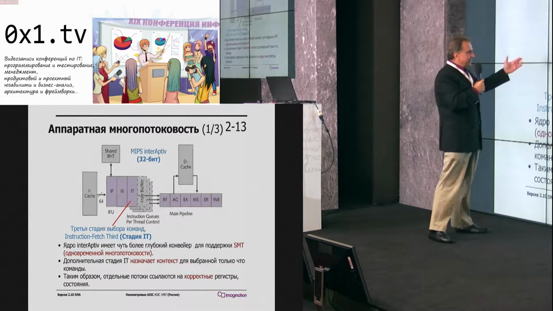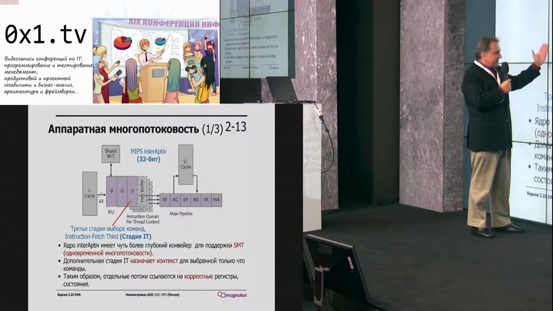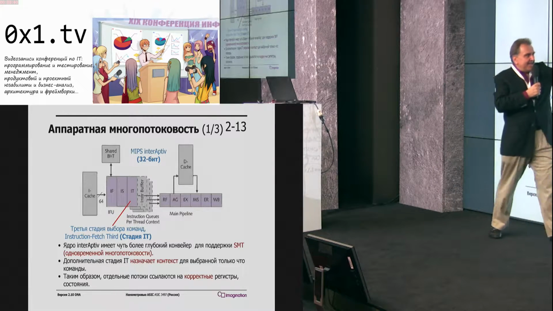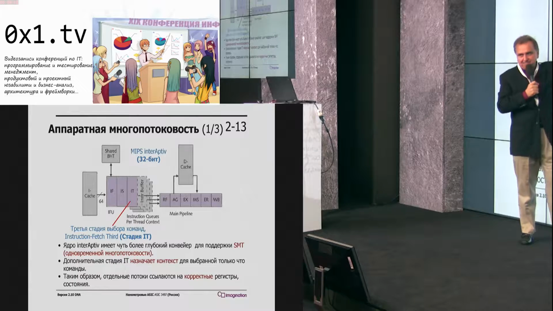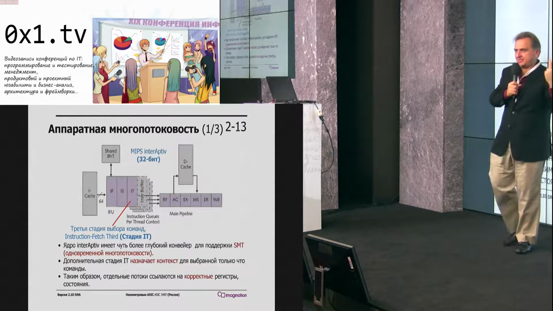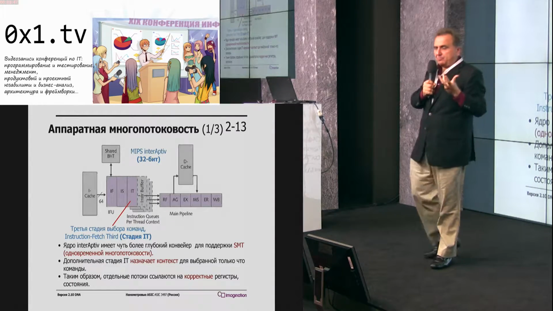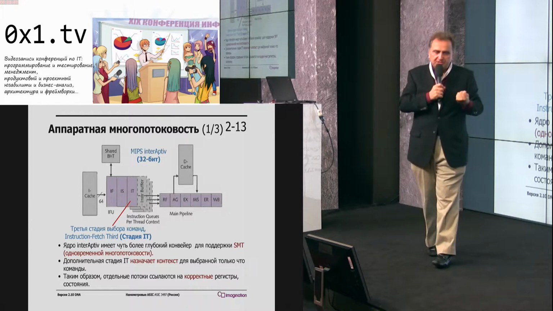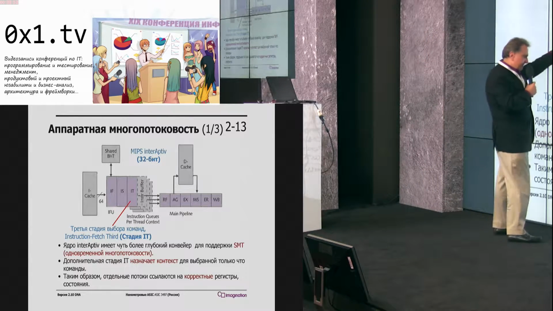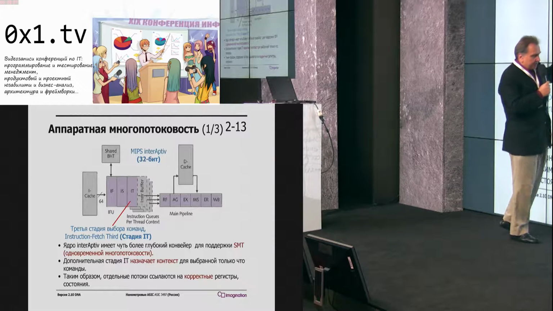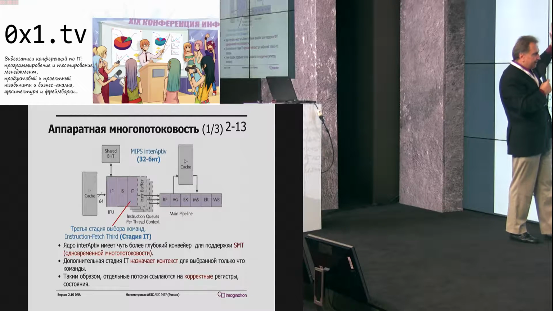But again, switching in the hardware, in your processor, you have several copies of program counter and general purpose registers. After that, the processor would sample instructions for some software counter, or even for several.